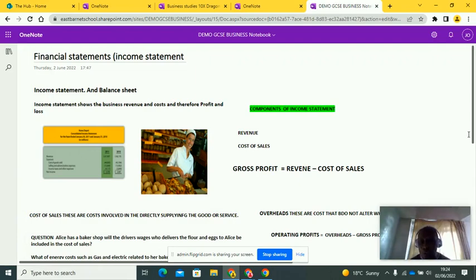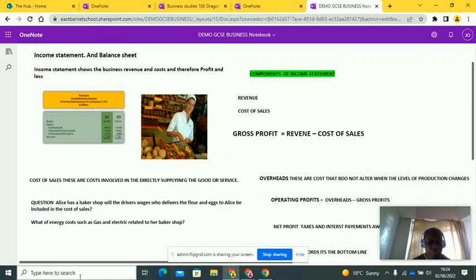So I've got a question for you. Alice has a baker shop. Will the driver's wages who delivers the flour and eggs to Alice be included in the cost of sales? Okay, the driver that brings the eggs and flour to Alice, will the driver's wages be included in the cost of sales? What do you think, guys?